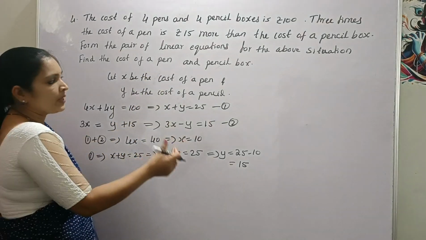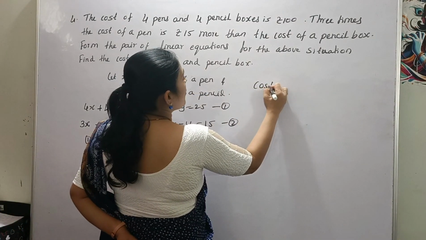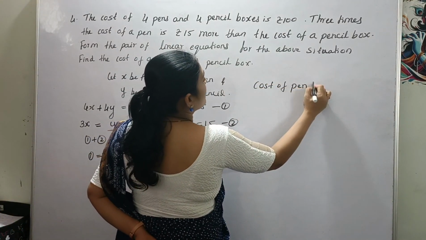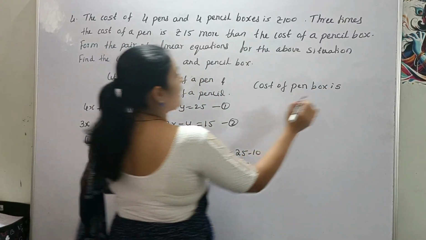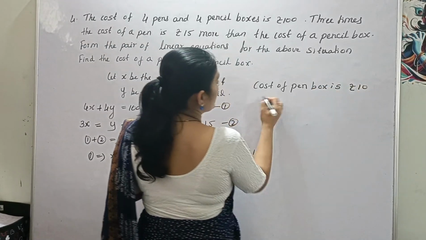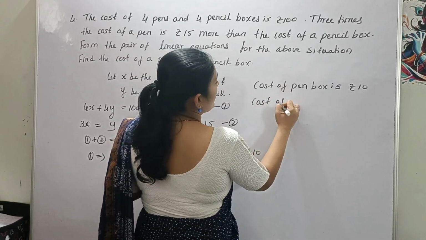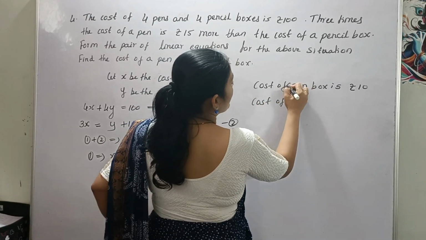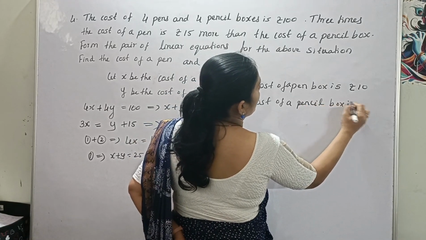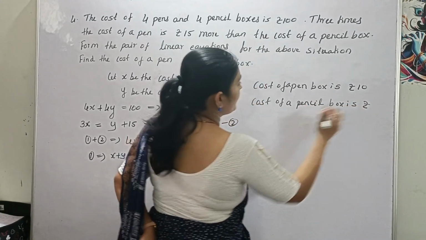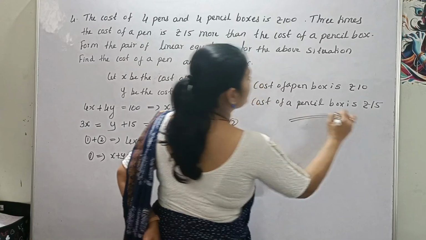Cost of a pen. Therefore, cost of a pen is rupees 10 and cost of a pencil box is rupees 15, right?